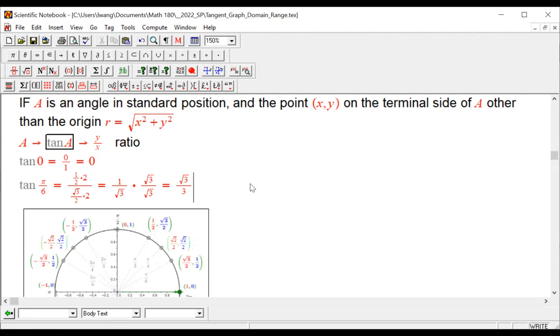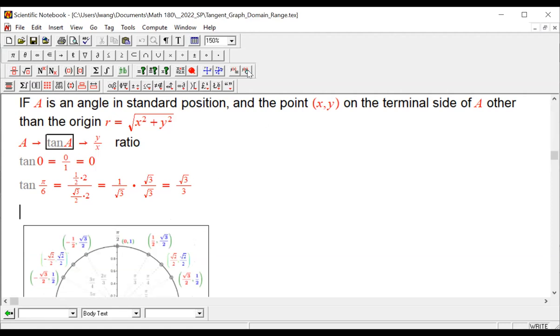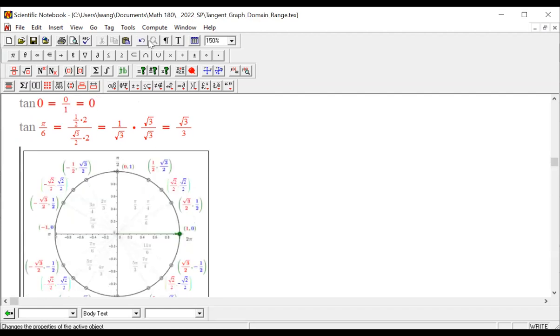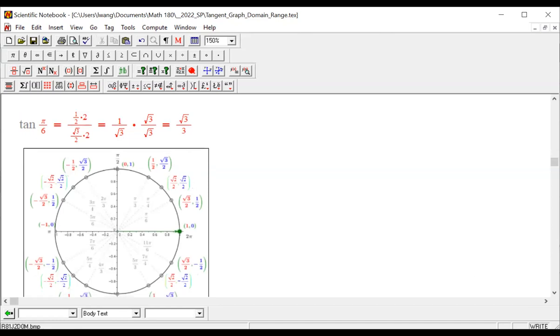right? If we look at the first quadrant to find all the tangent, okay? And we're gonna plot points. So for that one, we get 0, 0, right? I'm gonna move it down.